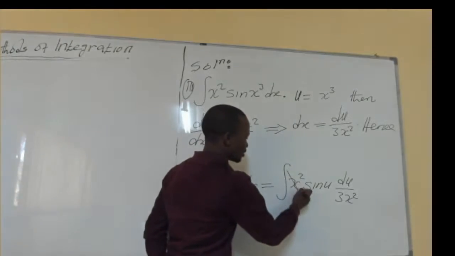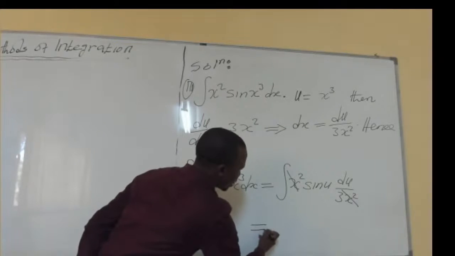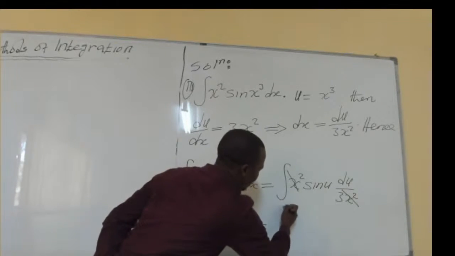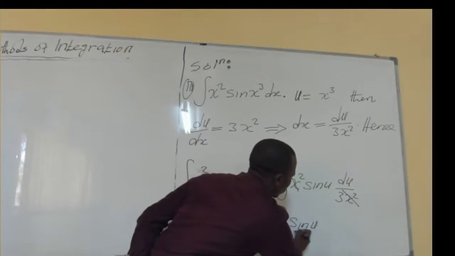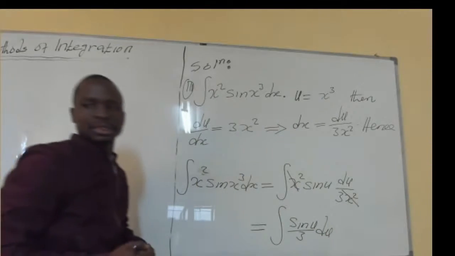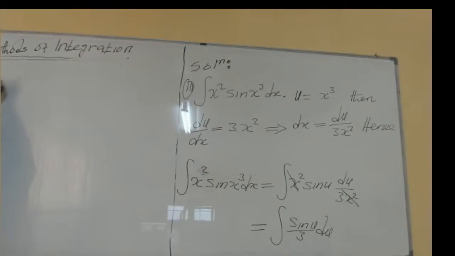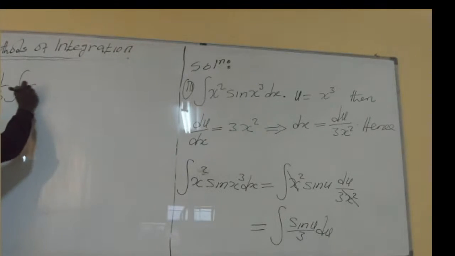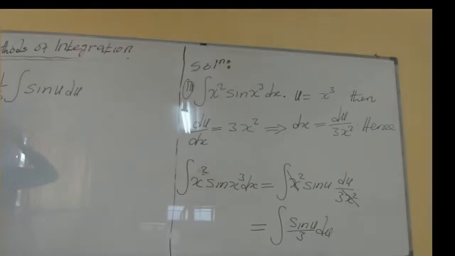Then the x squared and x squared will cancel. So we have the integral of sine u over 3 du, which now becomes simpler to integrate, giving us 1 over 3 times the integral of sine u du using the constant multiple rule.